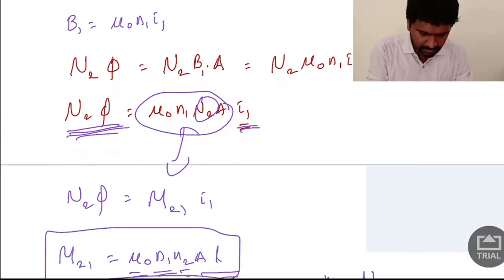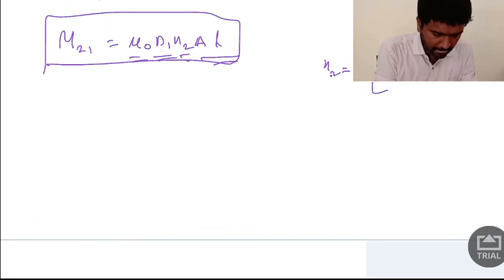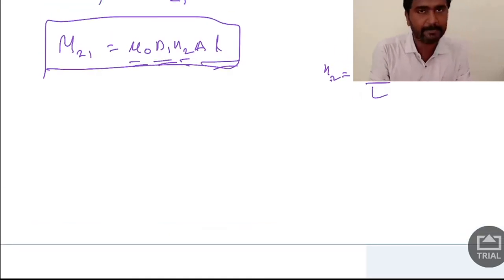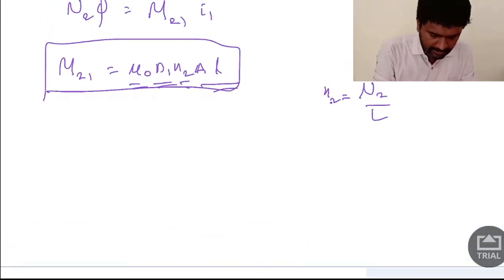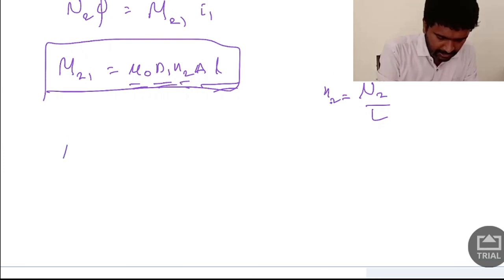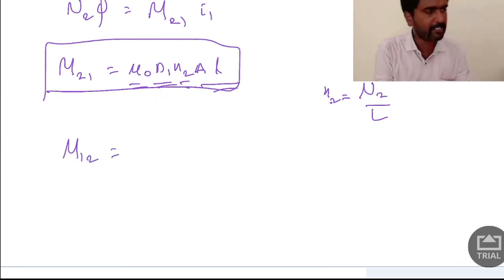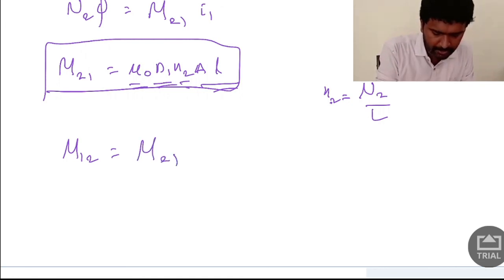So you can now write, for coaxial inductors, that M12, the mutual inductance of first with respect to second, is equal to the mutual inductance of second due to first.